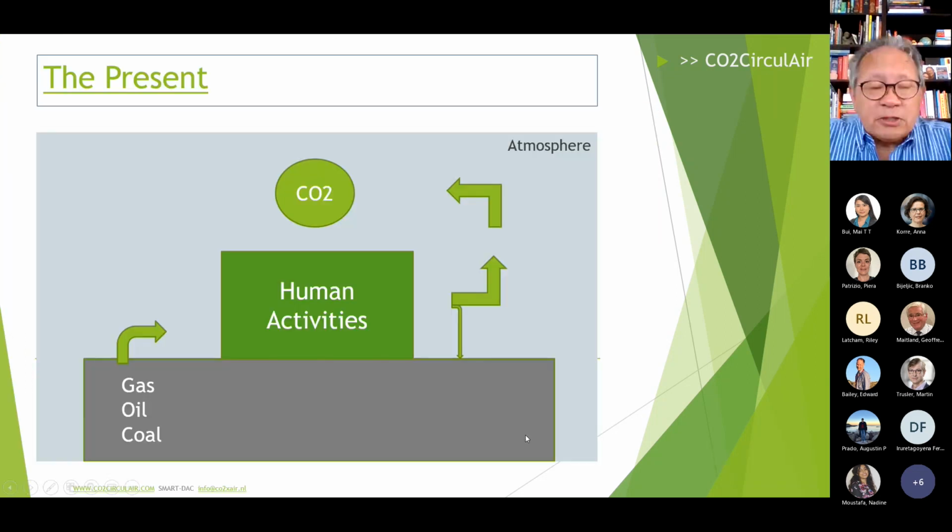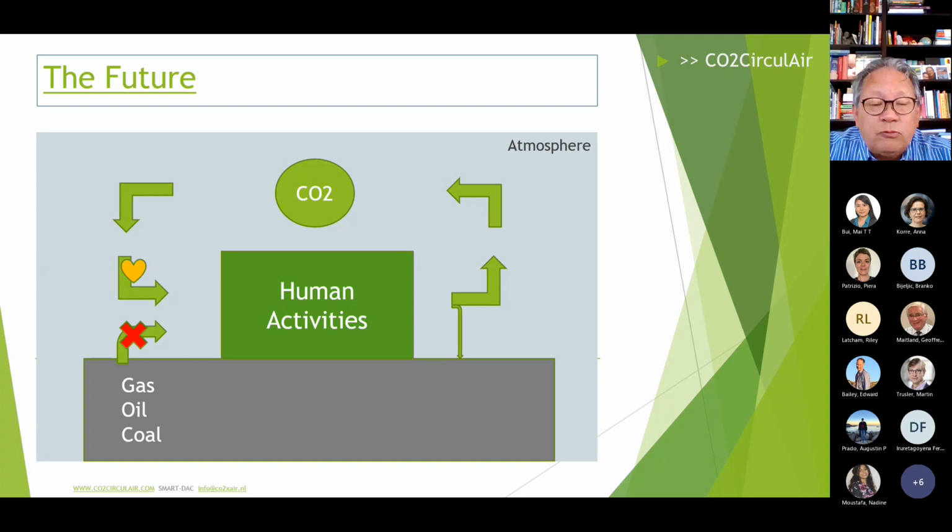This is probably a picture familiar for everybody, because this is what we do as humanity. We use our gas, oil, coal for our human activities, and we generate CO2.